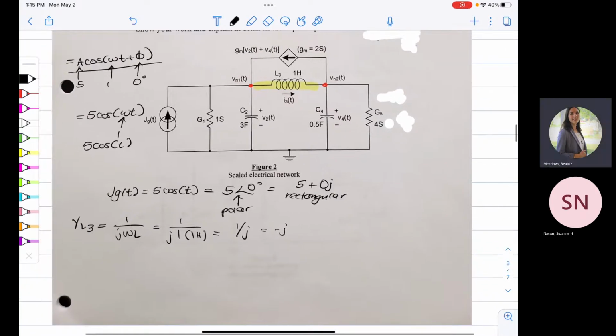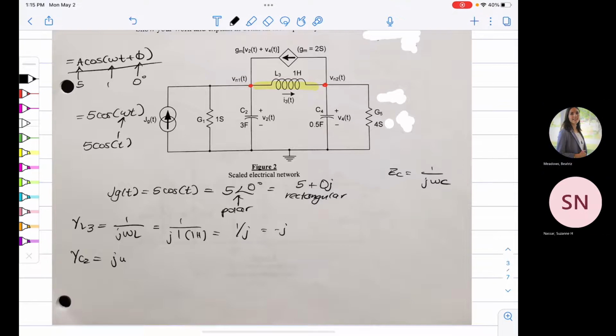Now we can do the same thing with the capacitor. The impedance of a capacitor is 1 over j omega C, right? So if we wanted the admittance, we would just flip it to the top, and that would be our value. So omega is 1. Let's say C is 3 farads. We have j3.